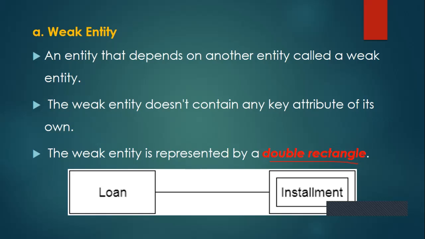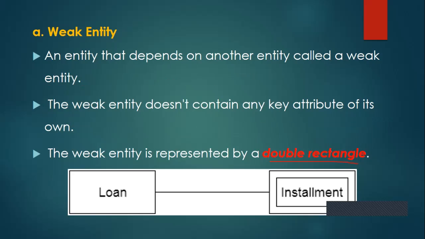That is, the family members of that employee are dependent on that particular entity. The family members can include a wife. Now, the wife becomes an entity that is dependent on the employee. So the wife becomes a weak entity, whereas the employee becomes a strong entity. That's why a weak entity is represented in a double rectangle.